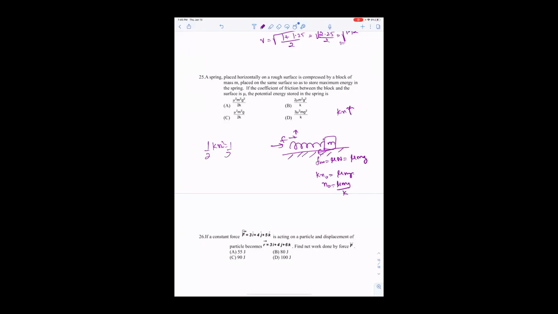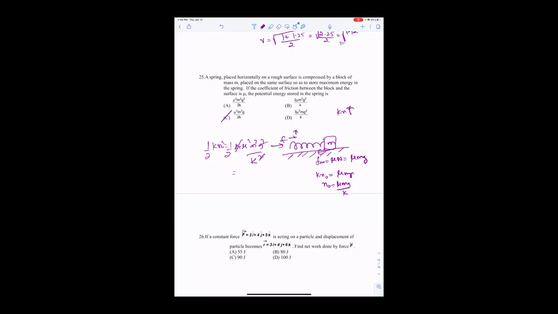So it is half k into mu squared m squared g squared by k squared, so mu squared m squared g squared by 2k. Should be 1k.